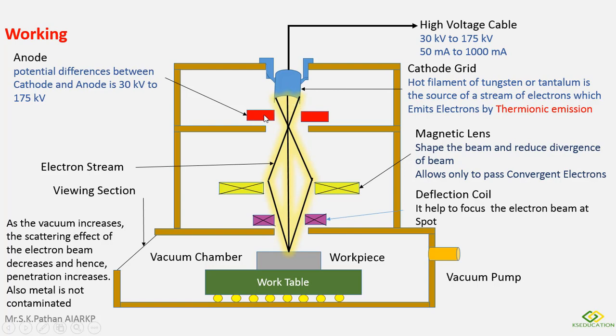Because the anode is kept below the cathode, it attracts the negative electrons to the positive one, and because of that there is a huge acceleration between the cathode and anode, and this creates the high-velocity beam. This high-velocity beam, when it hits the magnetic lens, is in the form of a divergent beam, and when it passes through the magnetic lens, it is converted into convergent electrons. These convergent electrons, when they fall on the deflection coil, create a focus, and this focus impinges on the workpiece.